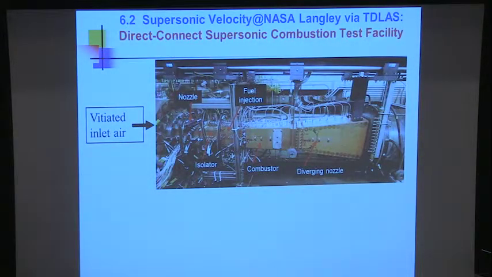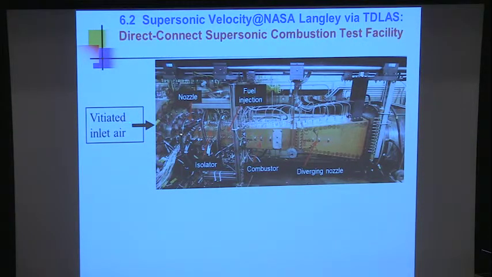Now they have big test rigs at NASA Langley. They want high speed air to go through this combustor. They want to test the performance of the Scramjet combustor. All of this is to prepare the air to go into the combustor where they're going to have some fuel injection. This is called the isolator.